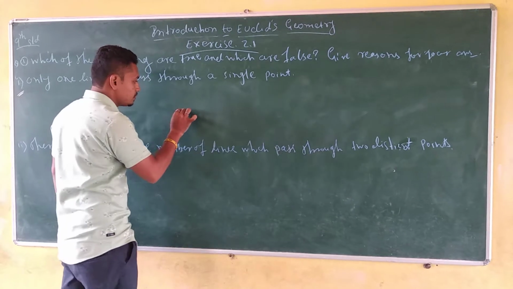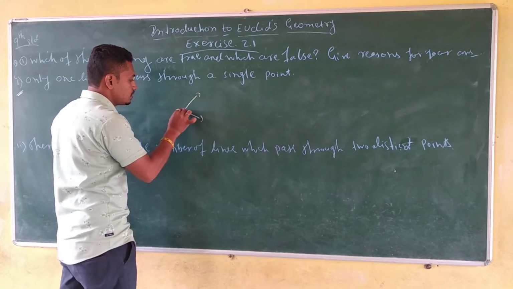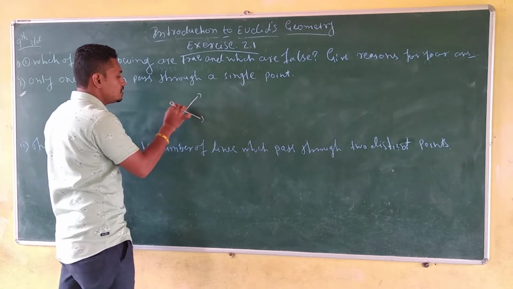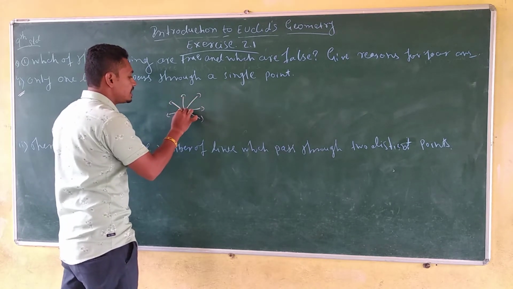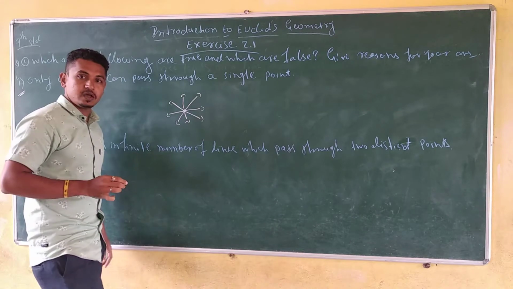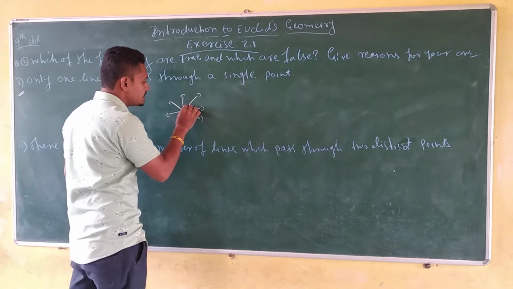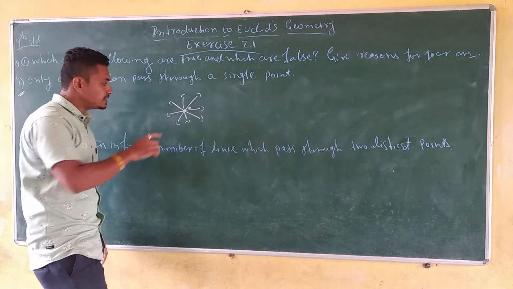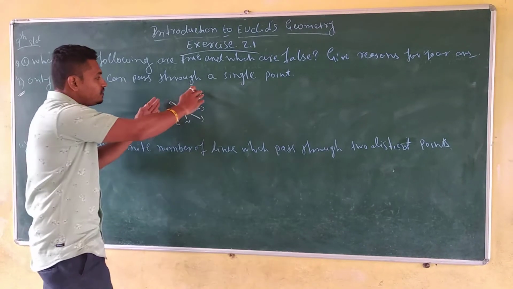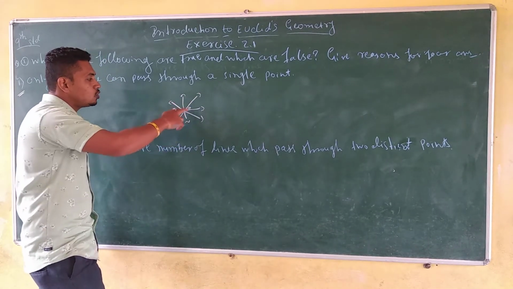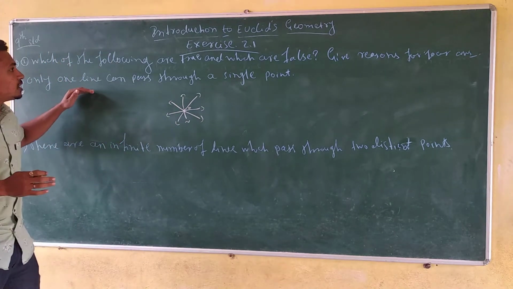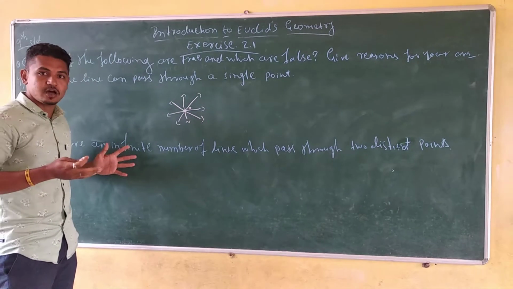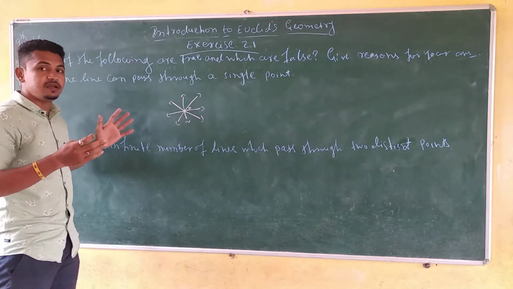In the last class I already explained this concept. These are the lines, and this point is called point O. It is a single point, and all these lines are passing through that common single point. So is this statement true or false? Yes, absolutely, this statement is false.